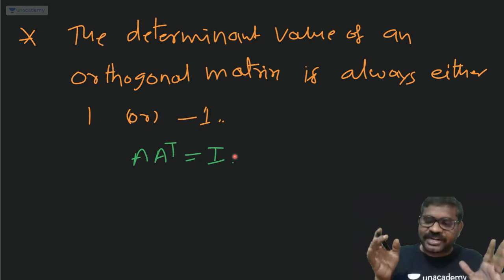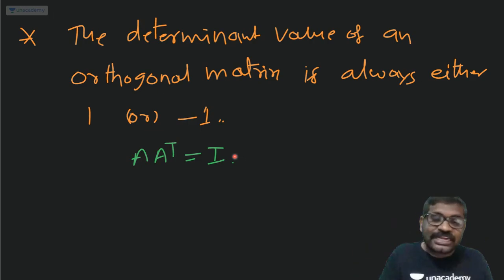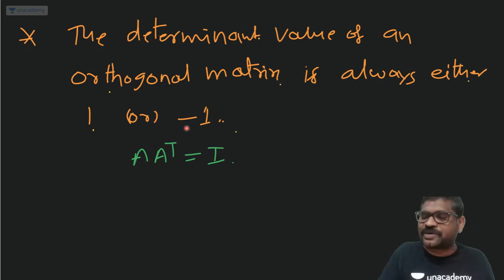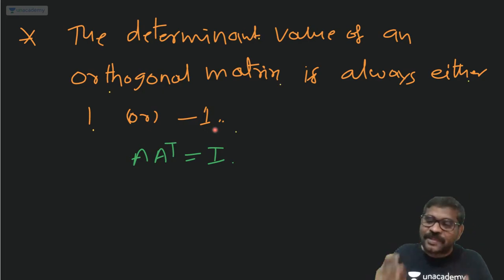I have to prove that the determinant value of an orthogonal matrix is always either 1 or minus 1. That's why I am taking the determinant on both sides.